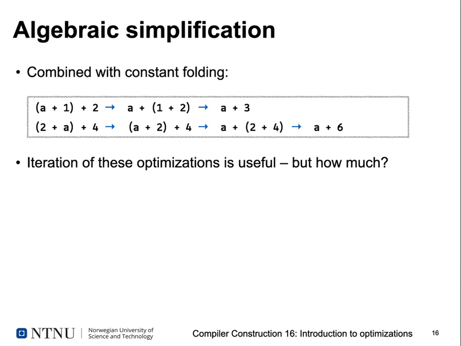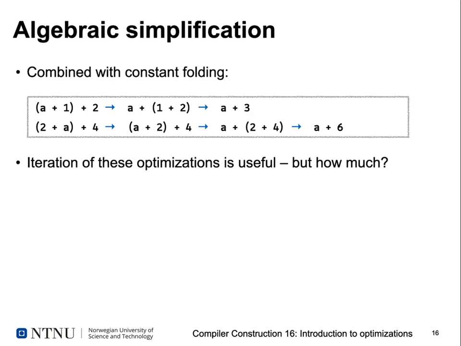So you can combine algebraic simplification with constant folding here. You can, for example, have this expression here, a plus 1 executed first, plus 2. And if you apply associativity, you can change the brackets to first calculate 1 plus 2, and then add a later on. And of course, then you can do constant folding here and add 1 plus 2 to give the result 3.